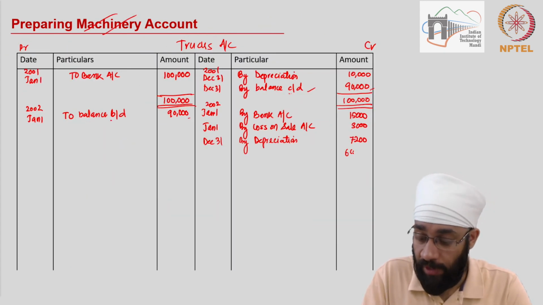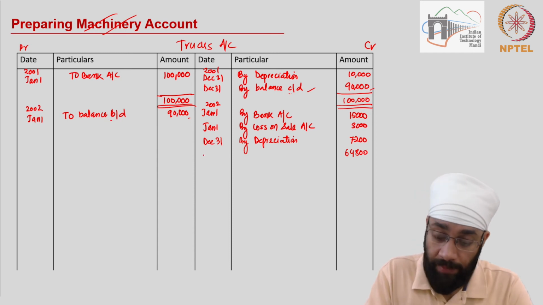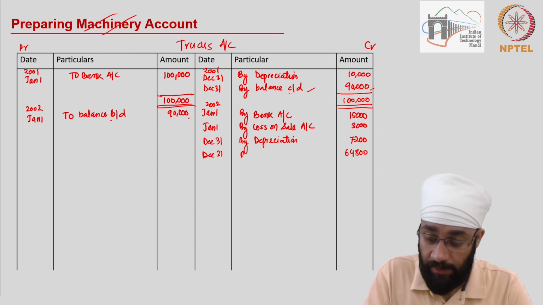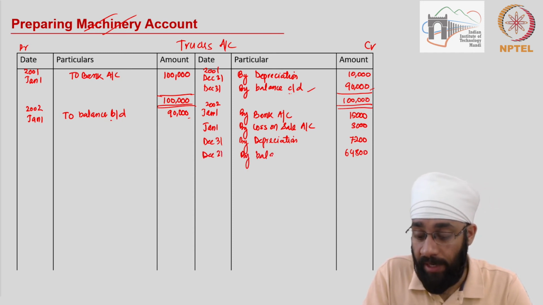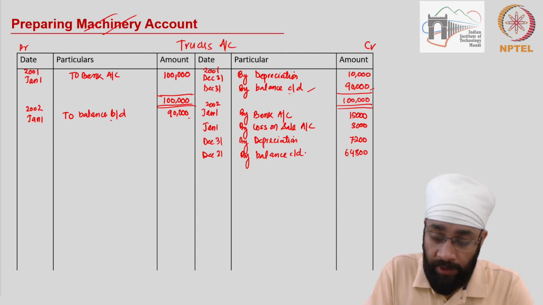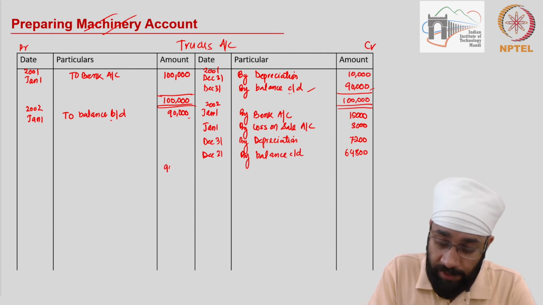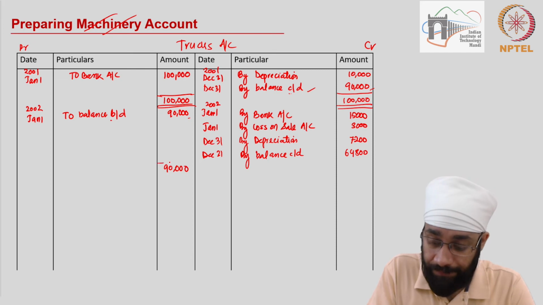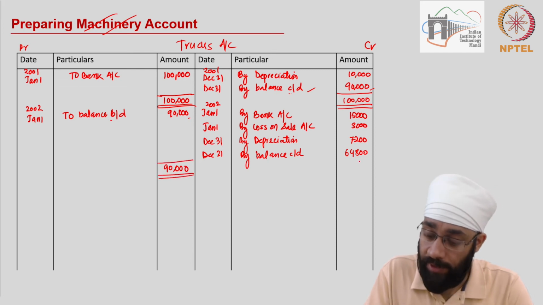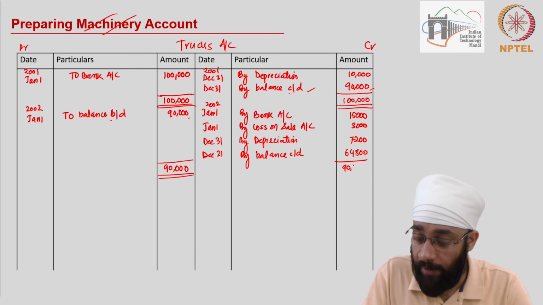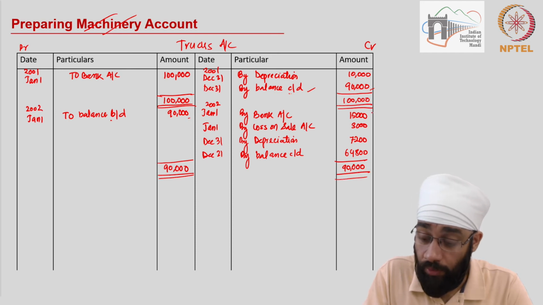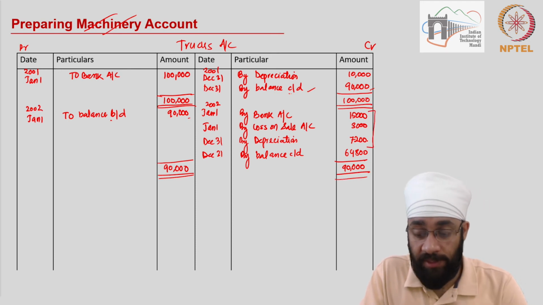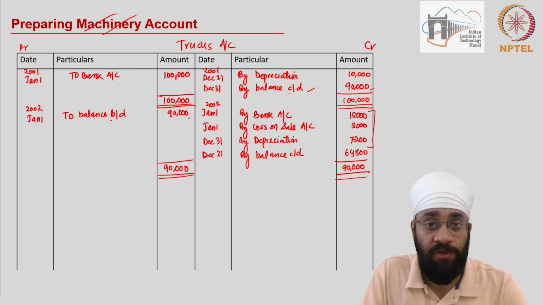64,800 should come out to be the balance in the account. So this should be by balance carried down. So when you do these numbers, 90,000, and you deduct from 90,000 the total of the sum of this, then you reach 64,800.